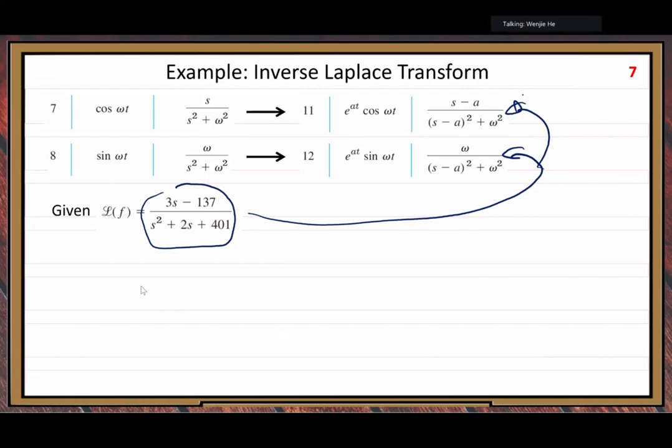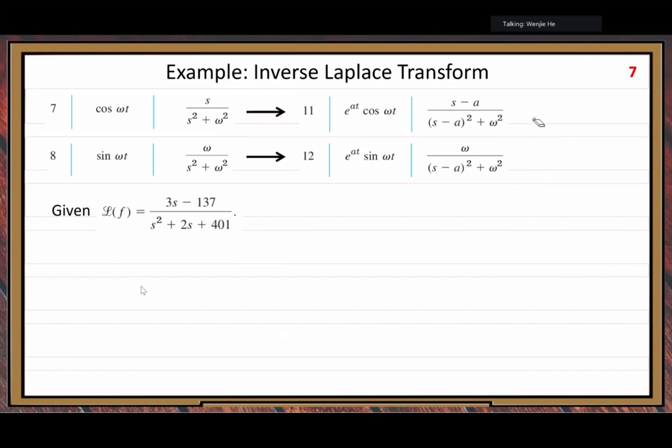So here, you need to do decomposition on this capital F of s function. Let's do it step by step. First, the numerator function and the denominator function.